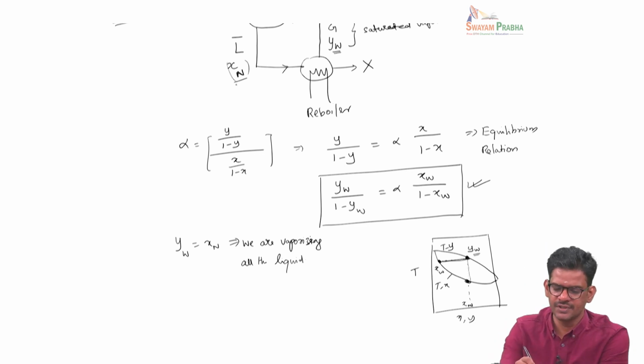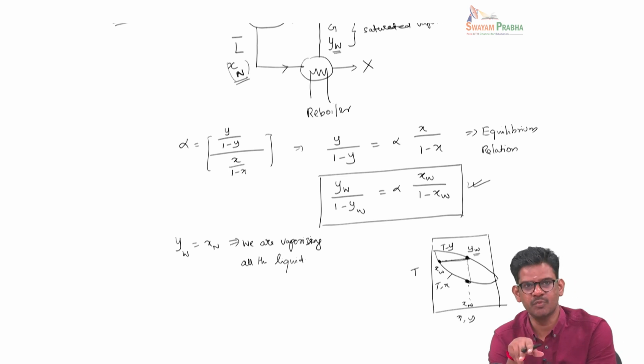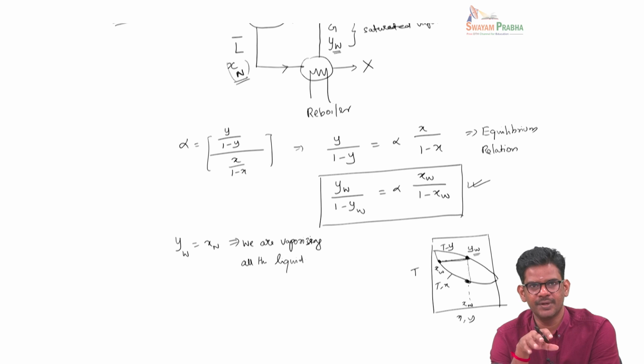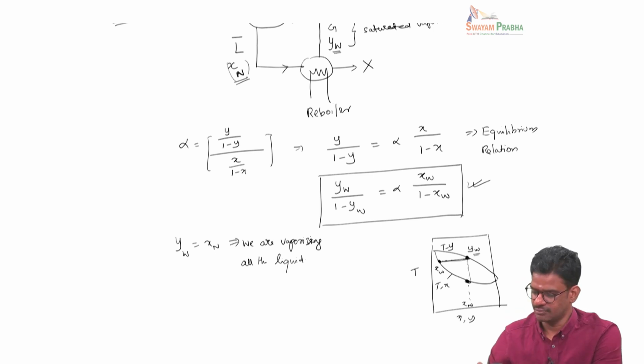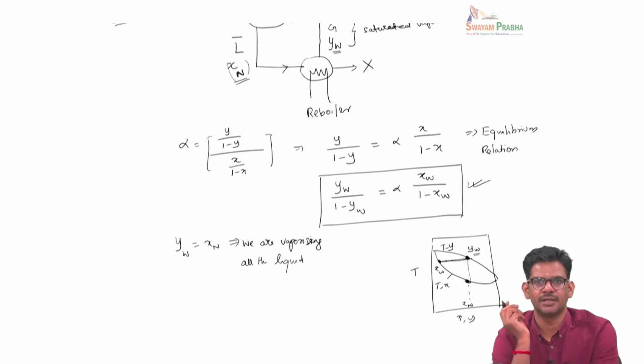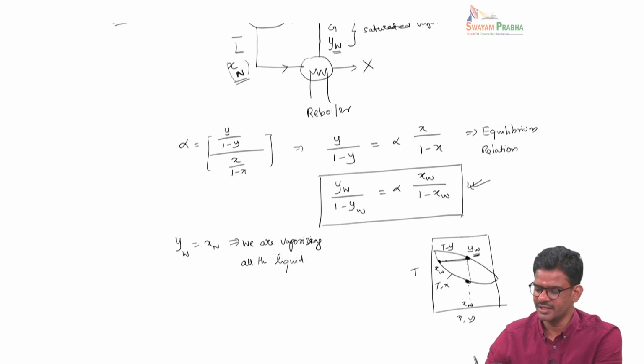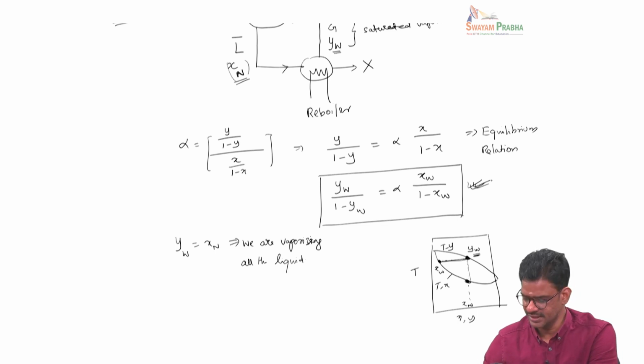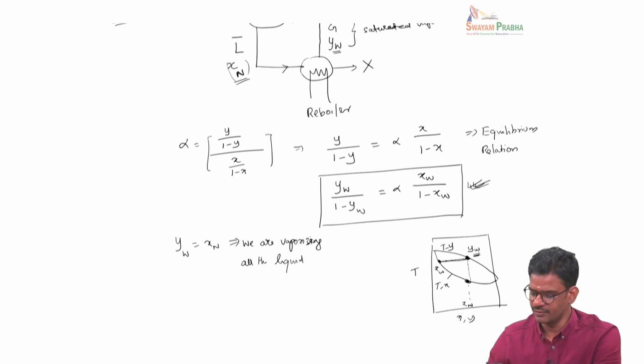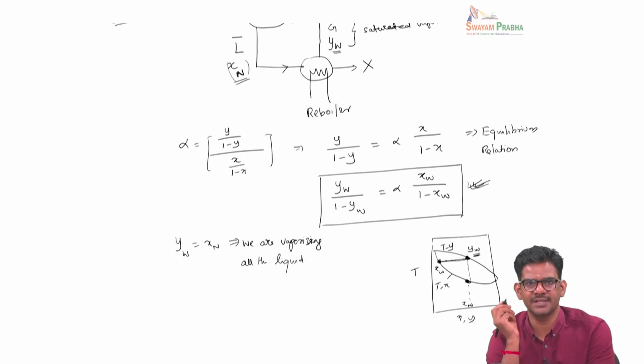The composition of the saturated liquid entering the reboiler is Xn, and this entire liquid is vaporized up to the dew point, and the vapor will have a composition of YW, and XW and YW are related by this relative volatility. Corresponding to YW, there is an equilibrium composition that is XW.